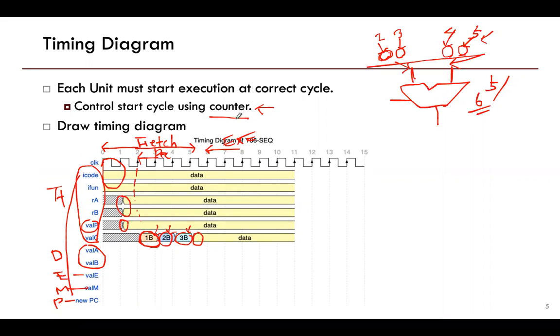For example, if it is the execution unit, you can start outputting the correct computed data. That is one suggestion for how you control the timing of execution. Okay, this is it about the timing diagram.